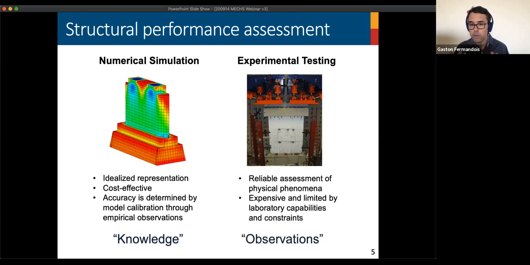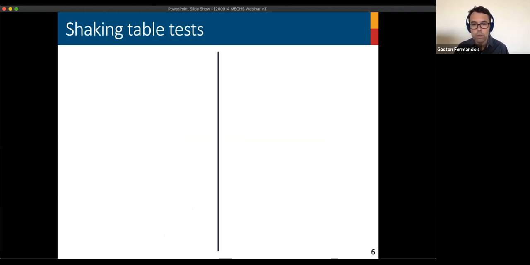It's the most reliable way to assess the physical phenomena, but it's expensive and limited by laboratory capabilities and constraints like budget and space. If we have enough observations, we can learn from those observations, we gain knowledge, and we can create better predictions through numerical simulation. So this is the reason why experimental testing is so important.